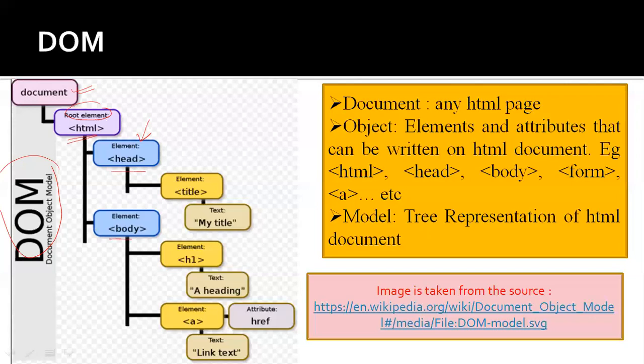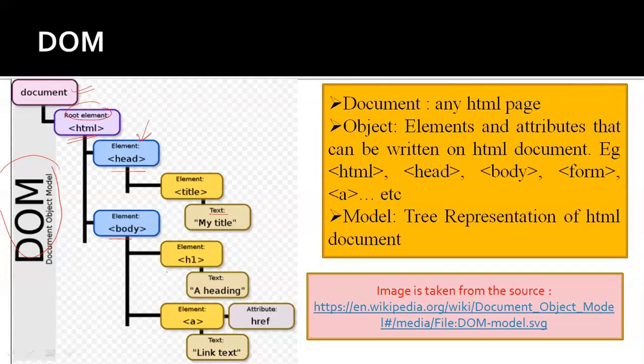This root element HTML contains two child nodes, head and body, and inside the head section we have an element that is title, and inside title there can be some text such as my title.